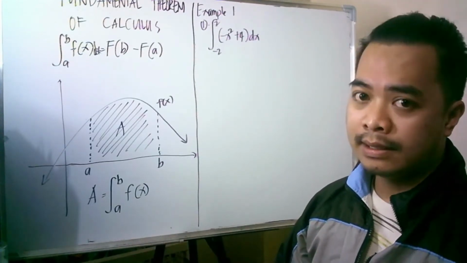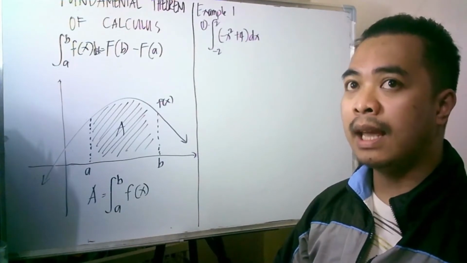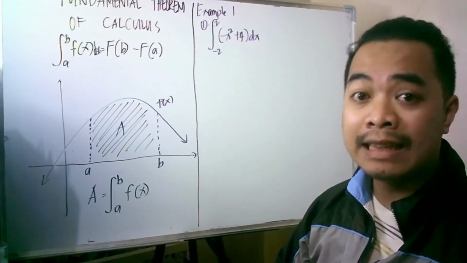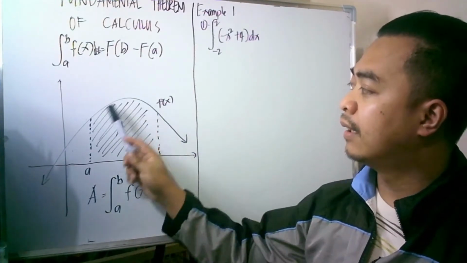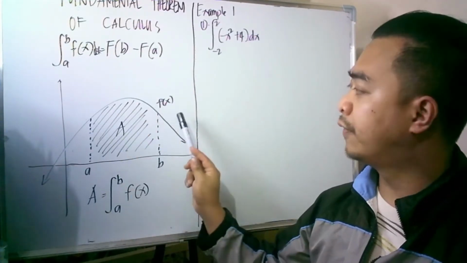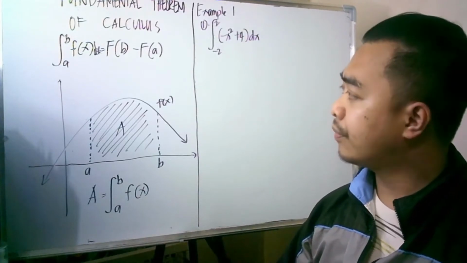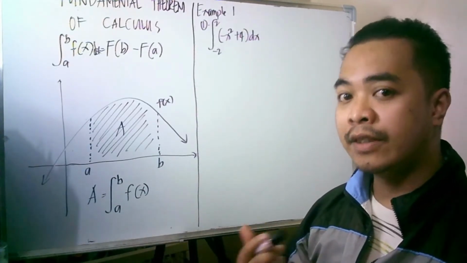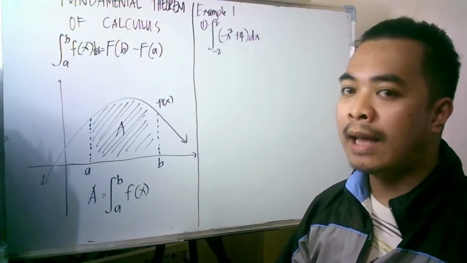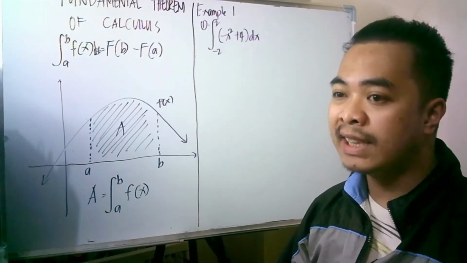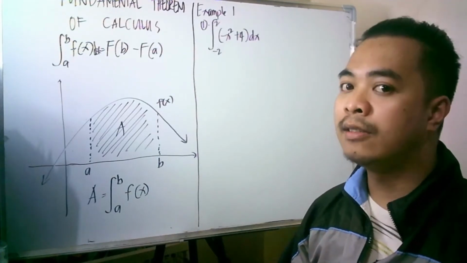And the most simple and popular application kasi of integration is to solve for the area under the curve of that given function. So remember, no, in differentiation, meron tayong applications like we can apply them to calculate the slope of the tangent line at that specific point, mga ganun, no?